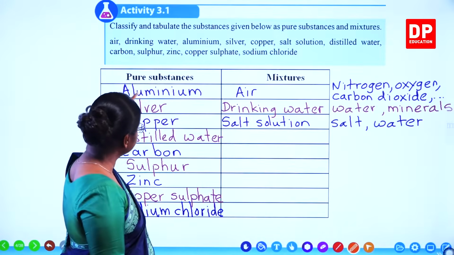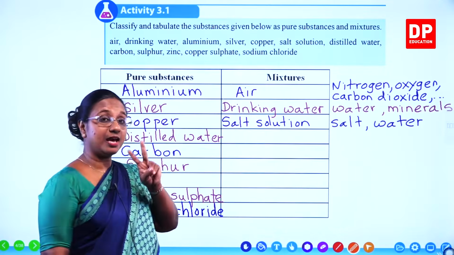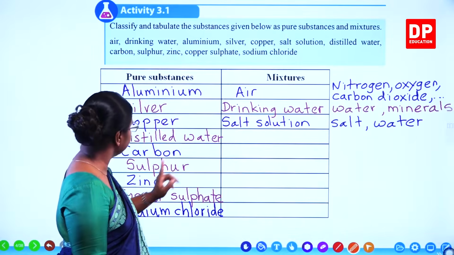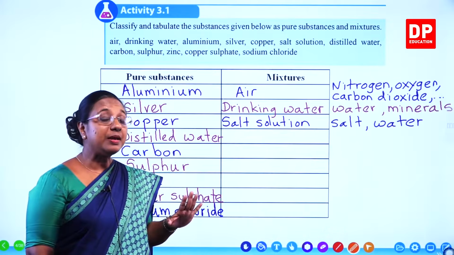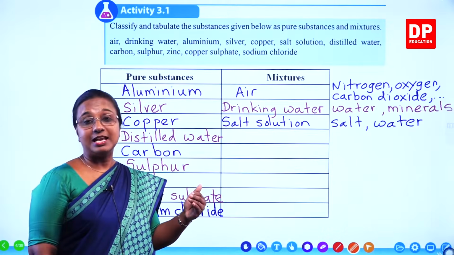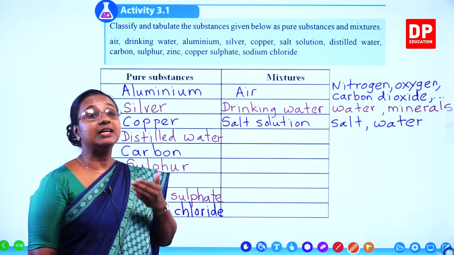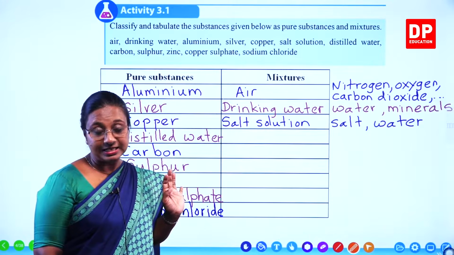So, that means they will be coming under elements. Under pure substances, there are two types. So, those are going to be elements, whereas distilled water, copper sulfate, sodium chloride, they are made up of more than one element combined chemically. So, they will be coming under compounds. That is what we will be discussing a little later.